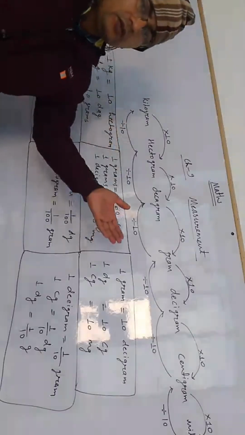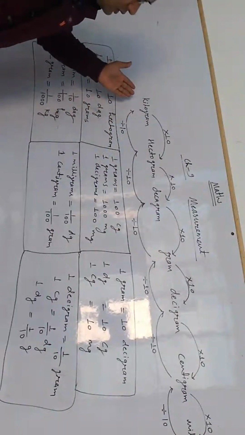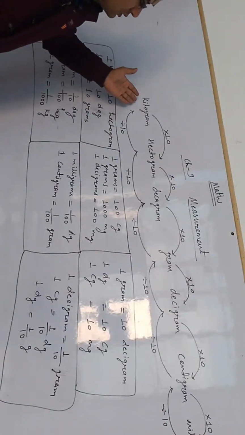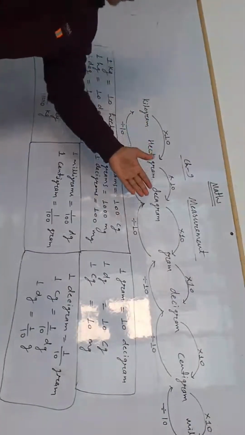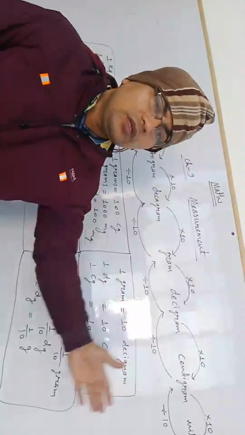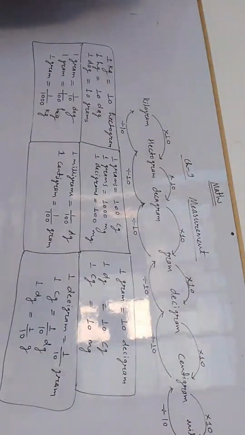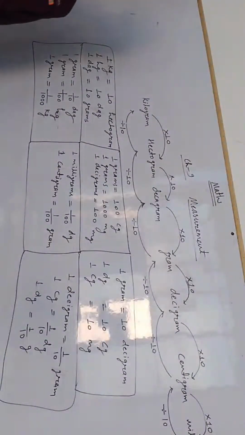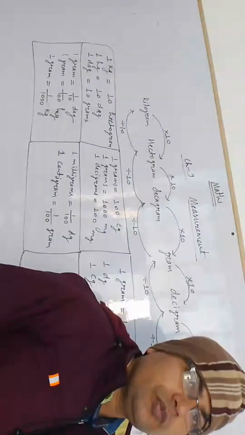This is the pattern. Whatever you are seeing on the board, this is the pattern: kilogram, hectogram, decagram, gram, decigram, centigram, milligram. So first of all, you learn it and practice regularly. Then there will be no doubt in measurement.